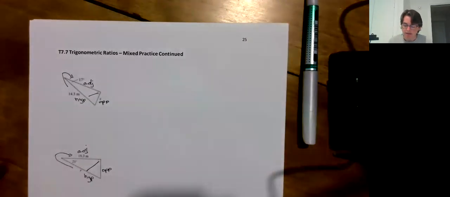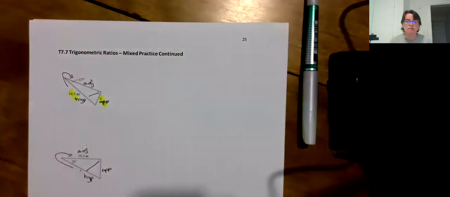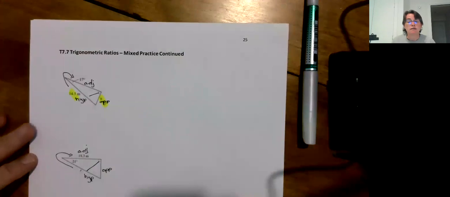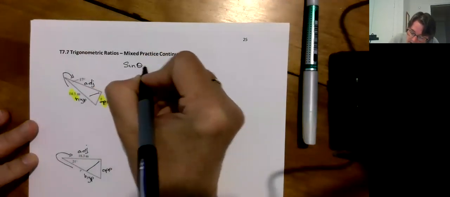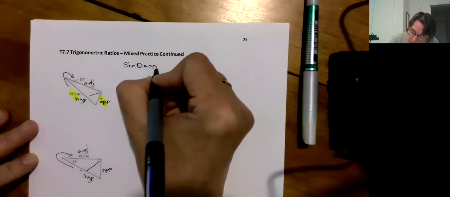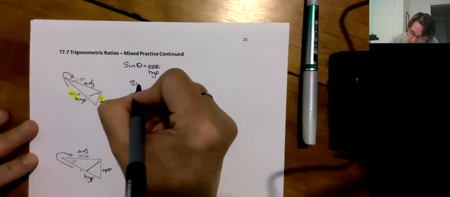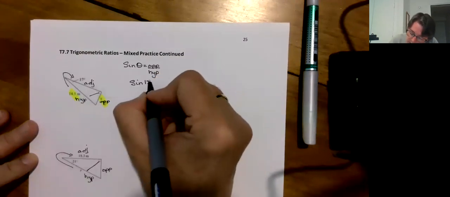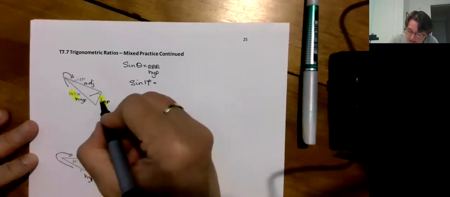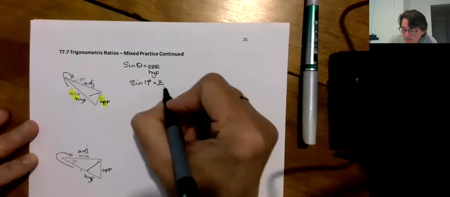Now, in this question, I have hypotenuse and I have opposite. Those are the two sides I care about. So hypotenuse and opposite would be sine. So sine theta is opposite over hypotenuse. I know my angle is 17 degrees. My opposite side, I don't know, but there's a little x there, so I'll go x.